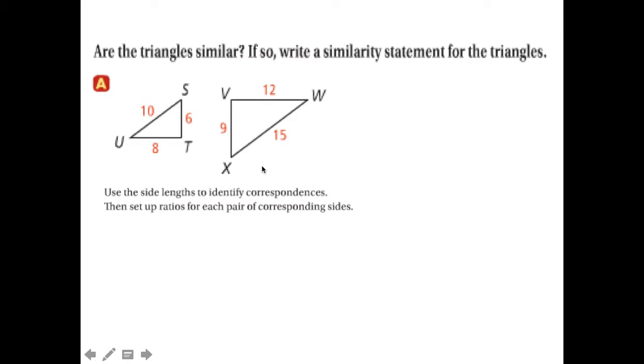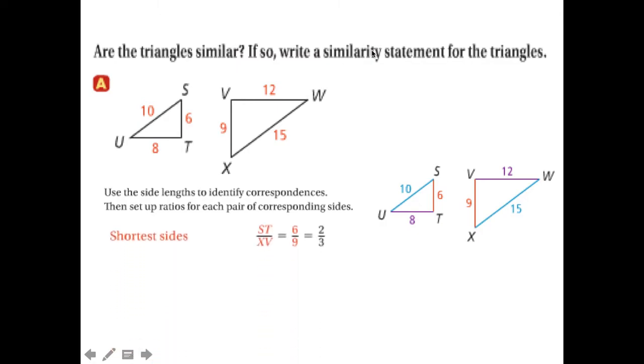Use the side lengths to identify corresponding sides, then set up ratios for each pair of corresponding sides. In this example, they re-highlighted to see which sides were corresponding, and then they set up the ratios. The shortest side is ST and XV, and that's 6. They put the small triangle measurement on top over the large.